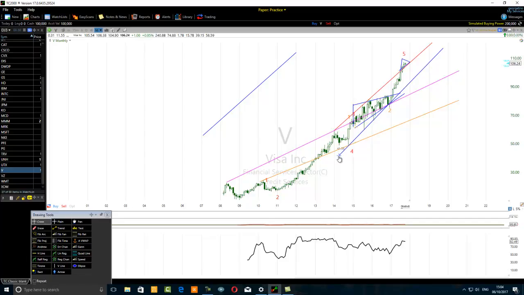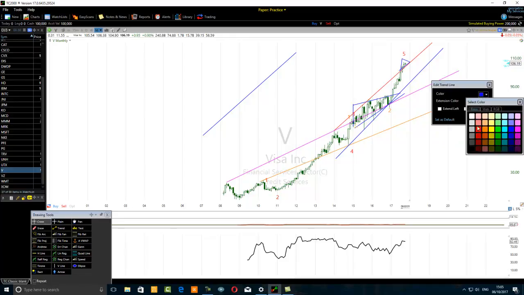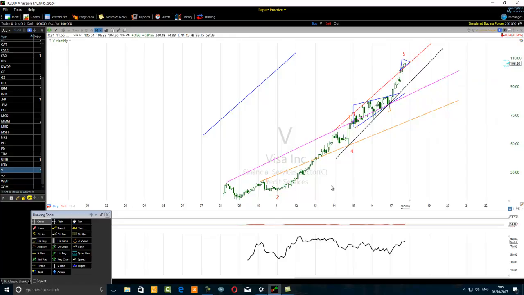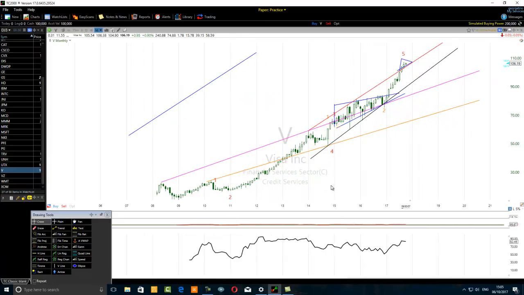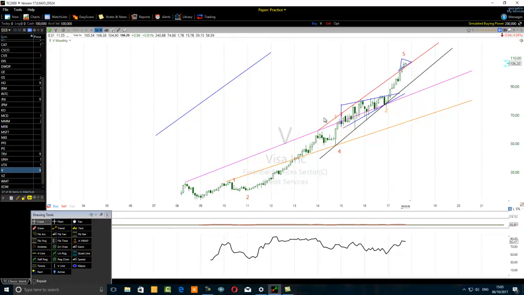So I'm drawing another trend line now. Stay with me, please. Connecting this low and this low. We have another trend line. Color that one black. So we just leave them there, and we monitor the reaction of the price.